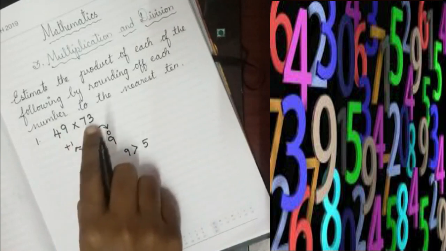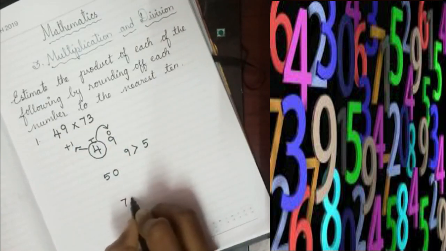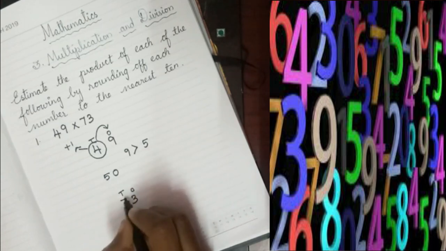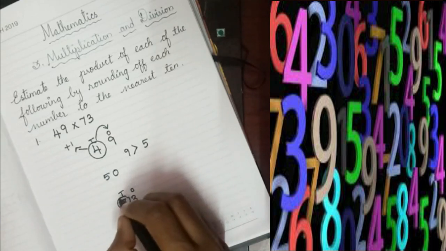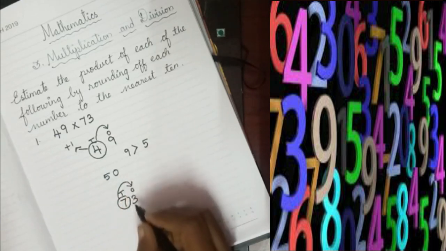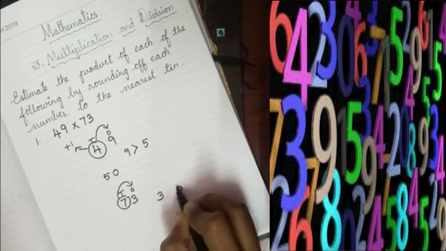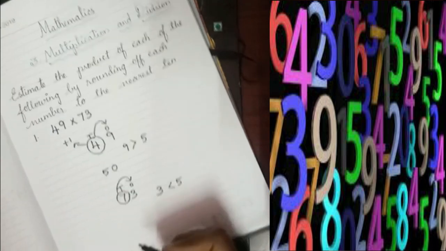Again, same like this, 73 also we have to do. This is ones and this is tens. In the tens place you can see number 7. Right side of the tens place you can see number 3. When we compare 3 and 5, which one is greater? Of course 5 is greater. So number 3 is small compared to 5.